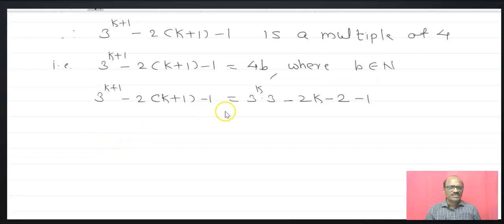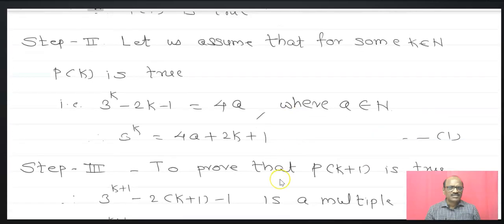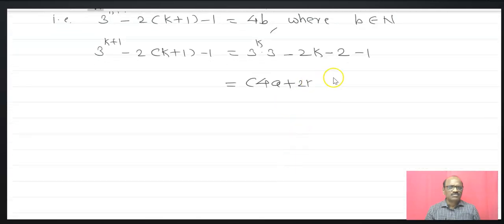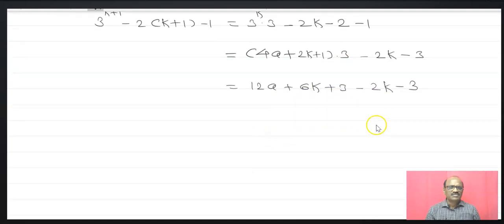we evaluate this term. 3 raised to k plus 1 can be written as 3 raised to k into 3, minus 2k minus 2 minus 1. Substitute the value. The value of 3 raised to k is 4a plus 2k plus 1, into 3, minus 2k minus 3. That is 12a plus 6k plus 3 minus 2k minus 3, that is 12a plus 4k.